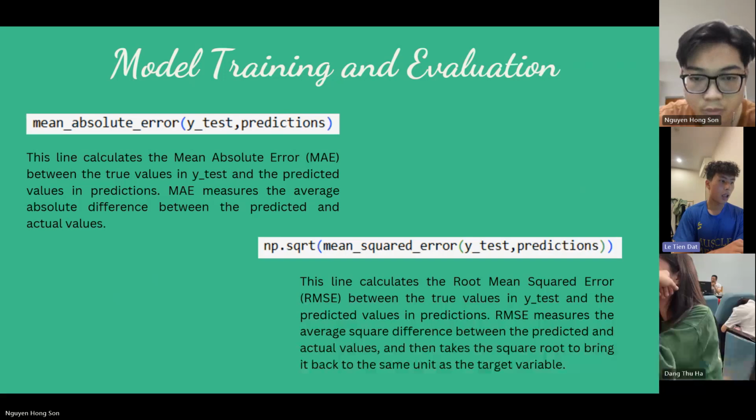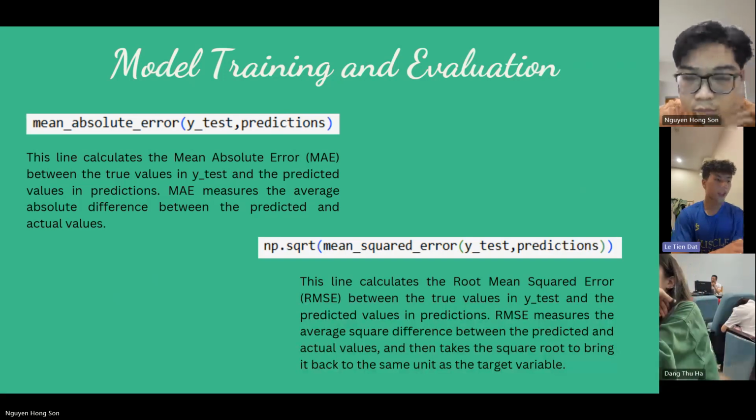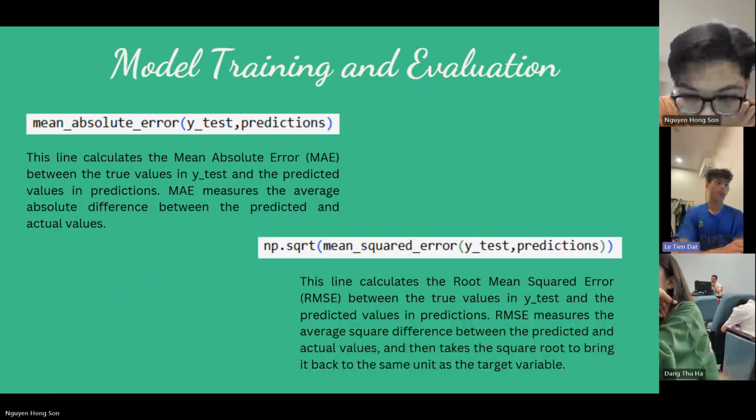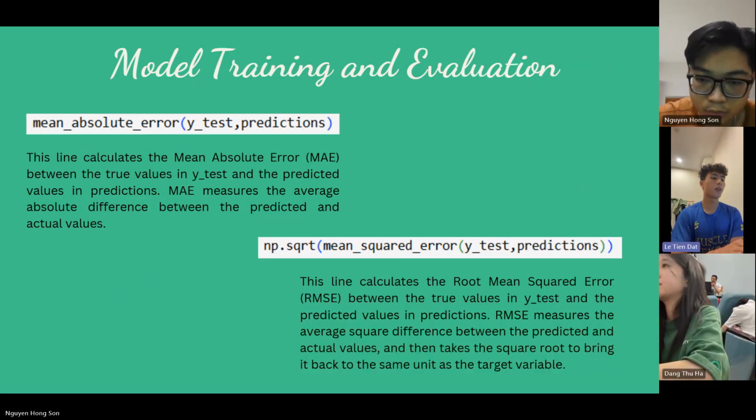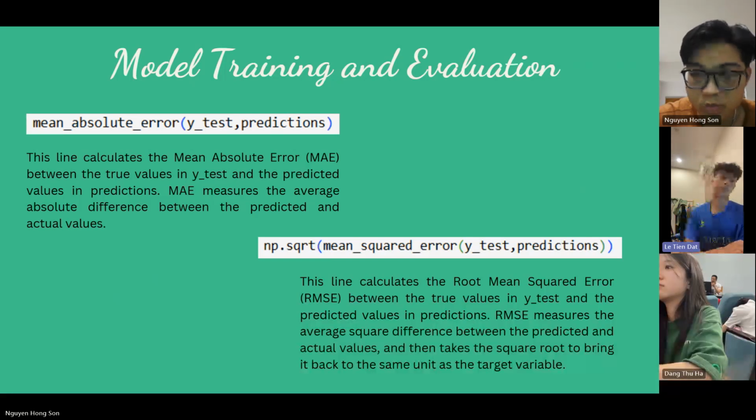The line below calculates the root mean square error between the true values in y-test and the predicted values in predictions. RMSE measures the average squared difference between the predicted and the actual values, and then takes the square root to bring it back to the same units as the target variable.